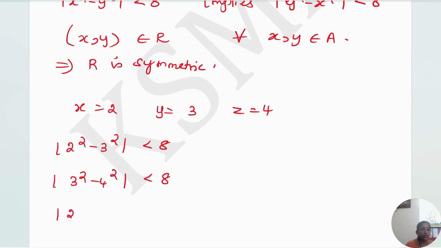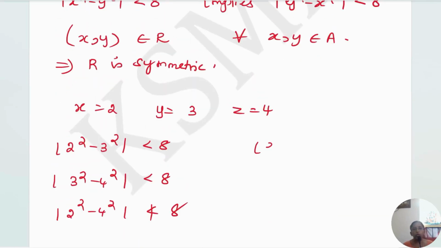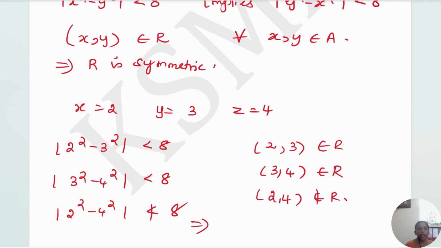But here |2² − 4²| is not less than 8. So you can write your answer: here (2, 3) belongs to R and (3, 4) also belongs to R, whereas (2, 4) does not belong to R. So you can finally write your answer: R is not transitive.